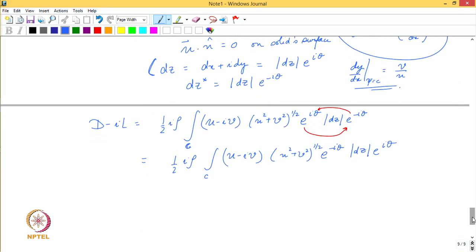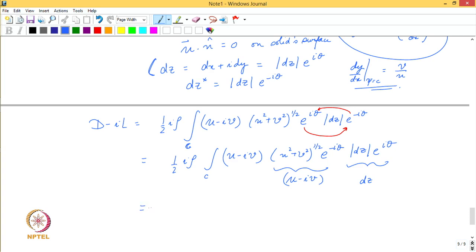Now, by doing this, if you look at this function alone, modulus dz e to the power i theta, I hope it reminds you of something. Modulus dz e to the power i theta is just the function dz, the element on this curve in the complex plane. The square root of u square plus v square into e to the power minus iota theta becomes u minus iv, isn't it, right.